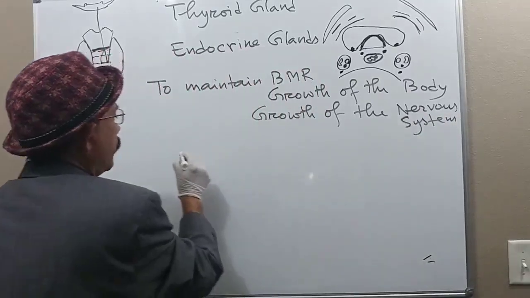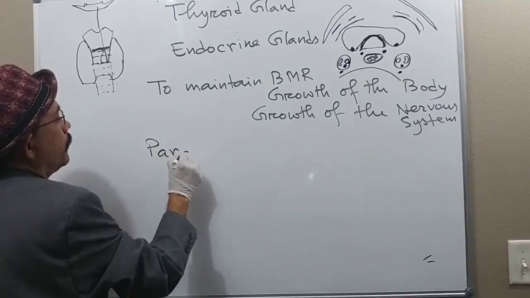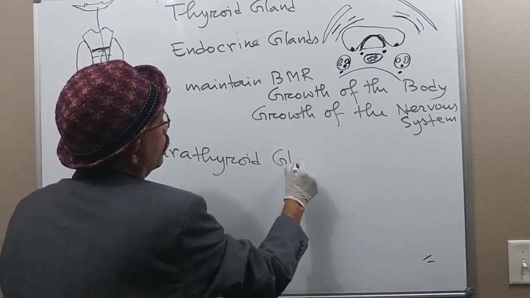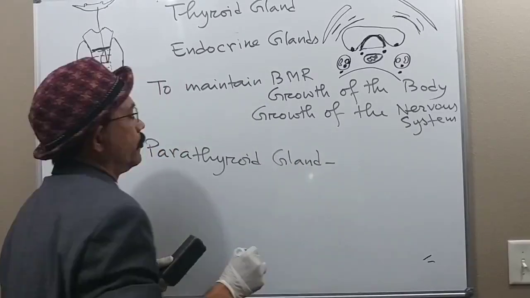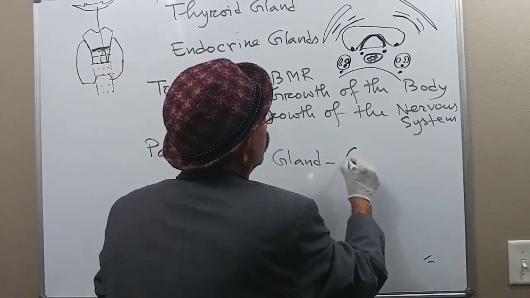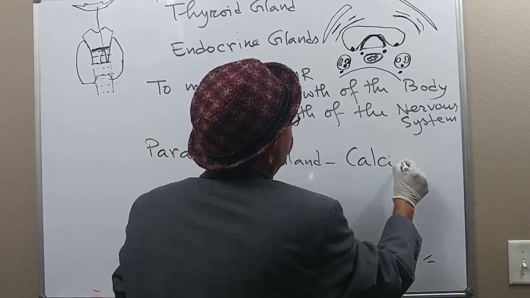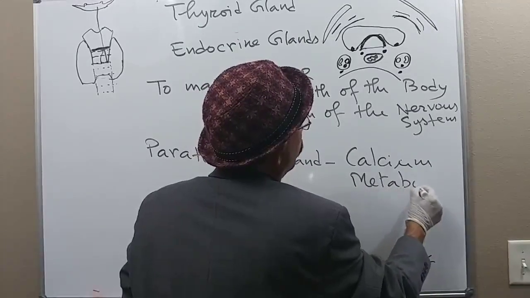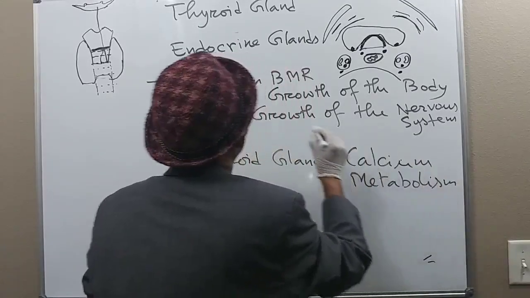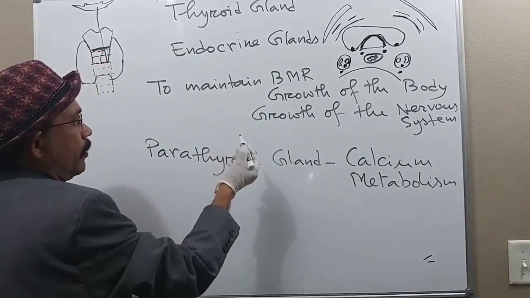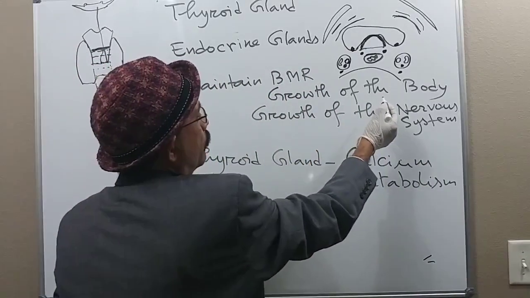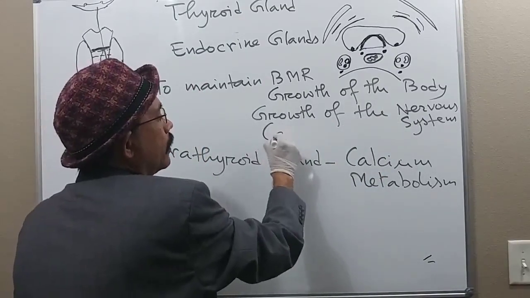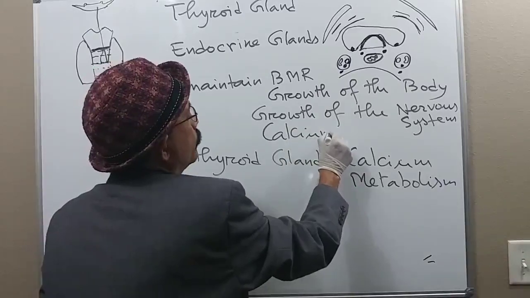The parathyroid gland is also associated with calcium metabolism, along with the thyroid gland. So the thyroid gland is essential for growth of the body, growth of the nervous system, plus calcium metabolism.